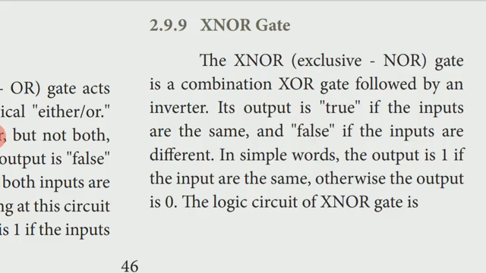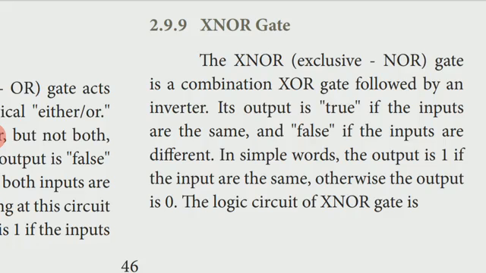It is just the opposite of the XOR gate. That is, XOR means exclusive OR, XNOR means exclusive NOR. So the XNOR gate is the opposite of the XOR gate.